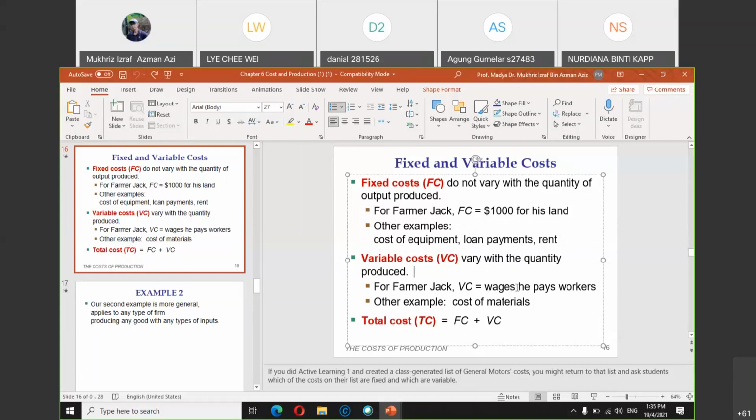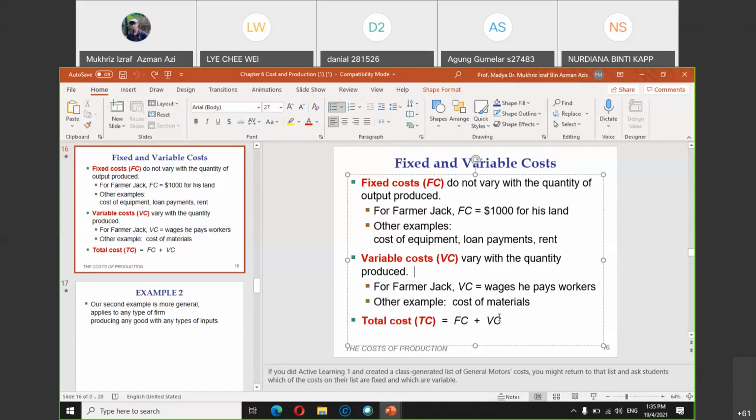The more quantity you want to produce, the more workers you need to hire, or you need to increase the working hours. Let's say if you work in a factory, if you want the workers to produce more, you need to pay extra, or overtime, for the workers to stay longer in the factory. So wages is an example of variable cost. The more the firm produces, the more wages the firm needs to pay.